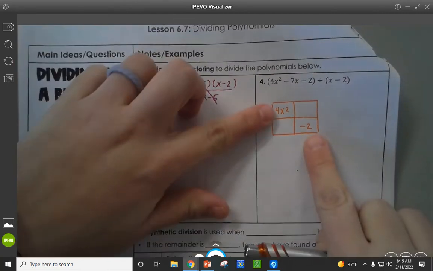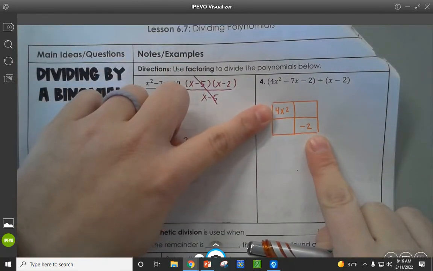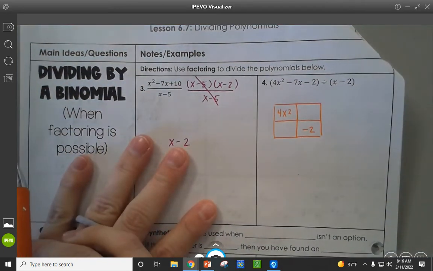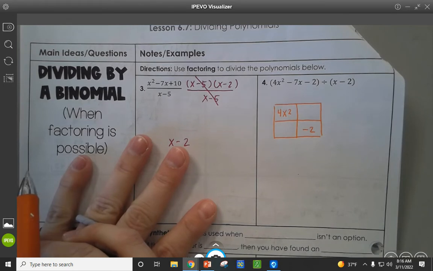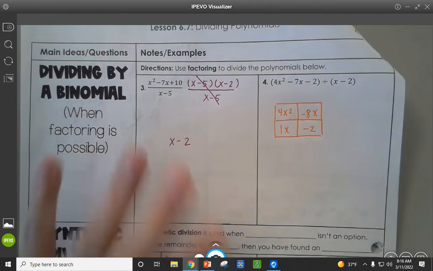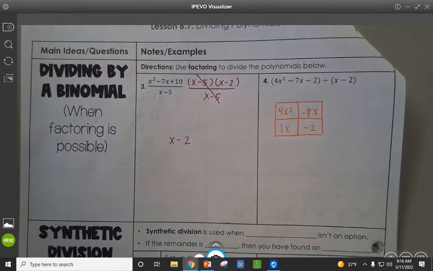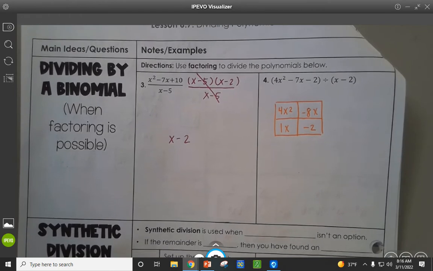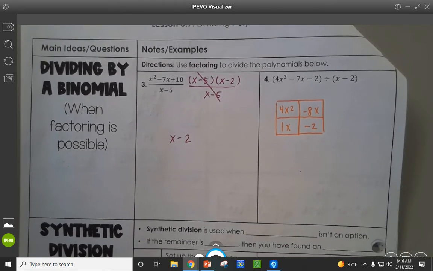We need two numbers that multiply to be what? Negative 8 and add to be negative 7. What are those? Negative 8. We put an x with them and 1x. So negative 8 times 1 is negative 8. Negative 8 plus 1 is negative 7.